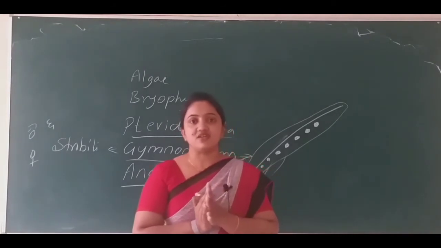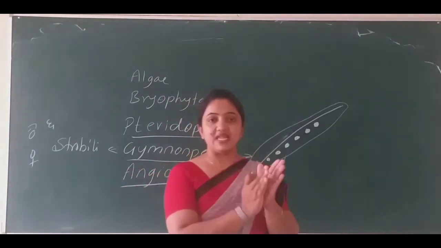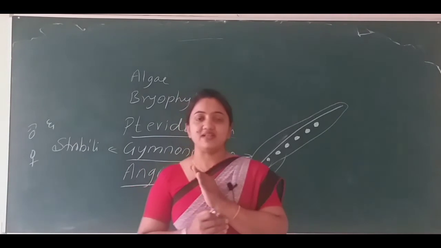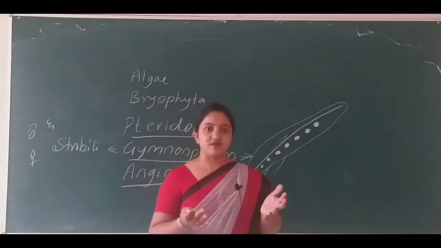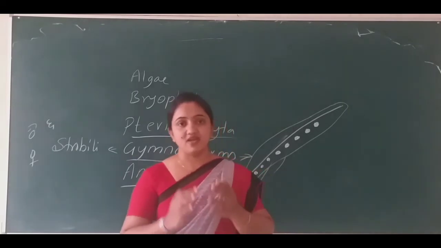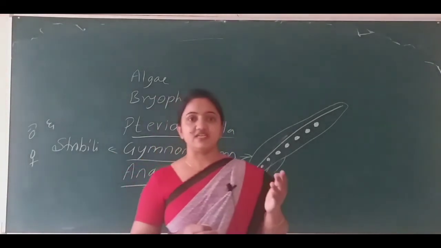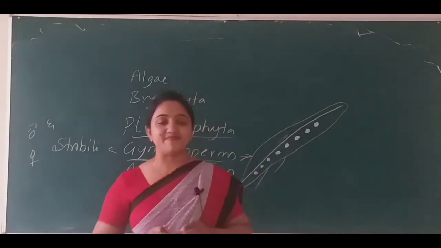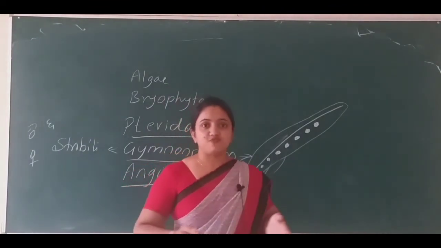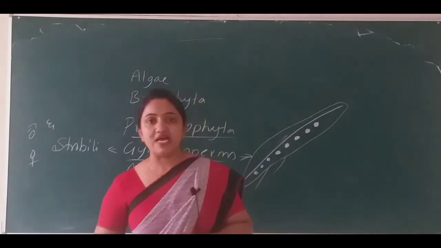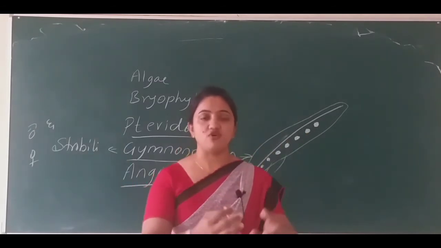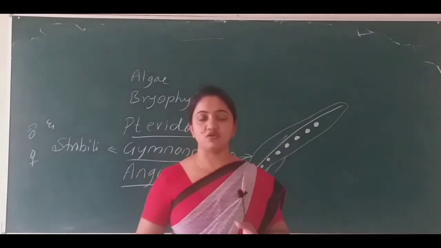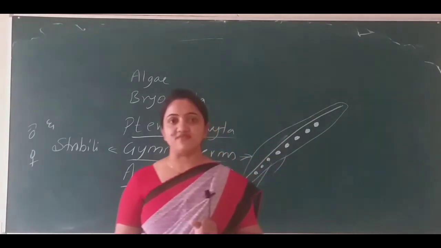In the flower, it has male androecium and female gynoecium. The androecium and gynoecium are well protected by a very fascinating and colorful organ known as petal, and it is protected by one more whorl known as sepal. So together they form a fascinating organ of the plant known as flower.